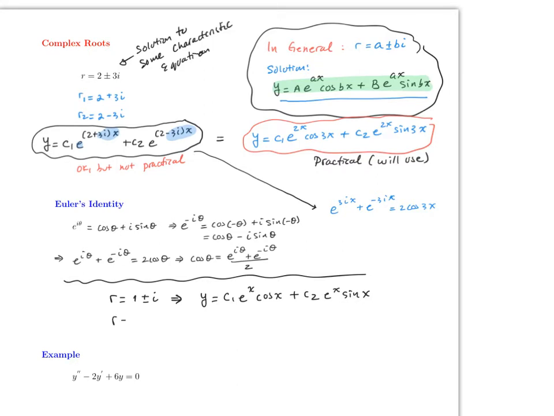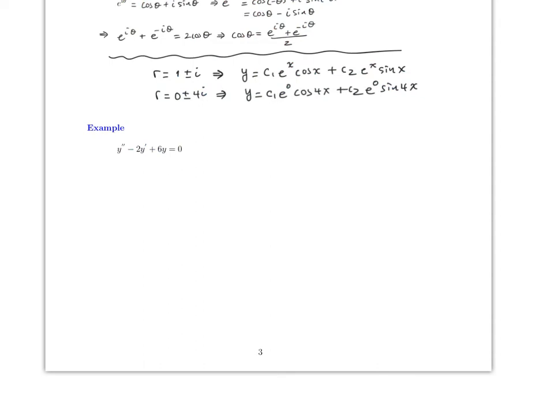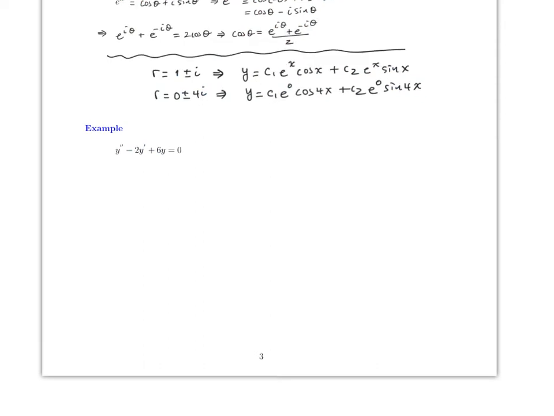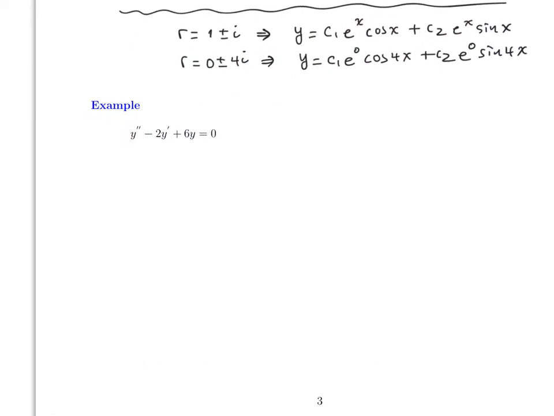Now if you have r equal to 0 plus or minus 4i, then the solution will be y equals c1 e to the 0 cosine 4x plus c2 e to the 0 sine 4x. And that's it. All right, so let's try one more problem where we will have complex solutions.